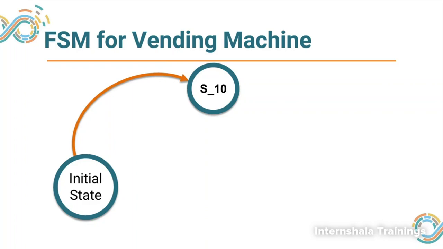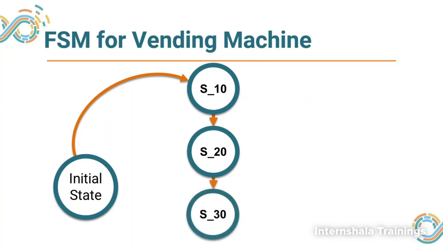Once I insert one coin, I am transitioning from my initial state to a new state called S10. That tells me that the current value of inserted coins is 10 rupees. If I insert one more coin, my state changes to another state called S20. That means now I have 20 rupees. Then I go to S30 on one more coin insertion. That shows that I have 30 rupees.